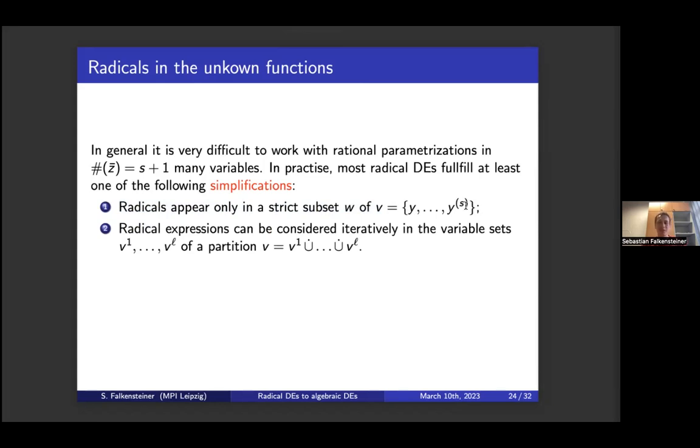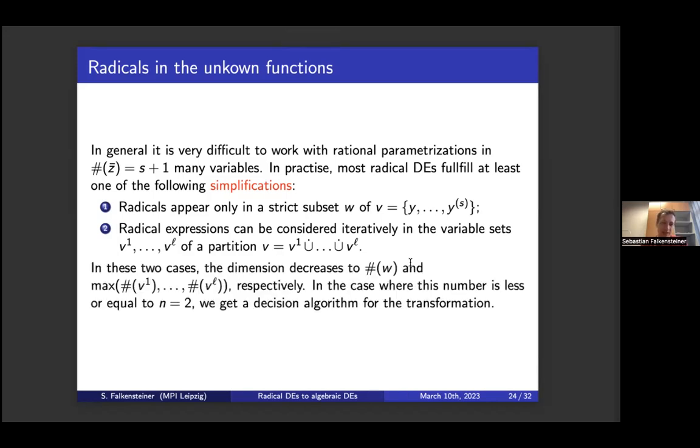So maybe we have the square root of y plus y prime, and, I don't know, the third root of the second derivative of y plus the third derivative of y. So then we can form a partition and do as before, iteratively.